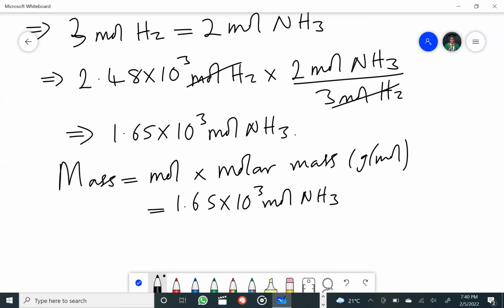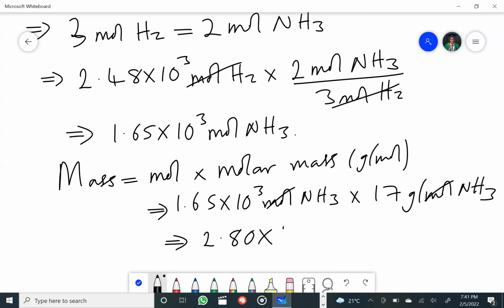And then times the molar mass again. We know how to find that. For ammonia, it's 17 grams per mole of ammonia. So the moles cancel, and we're just multiplying that by that. So we're going to have 2.8 times 10 to the power 4 grams of ammonia.